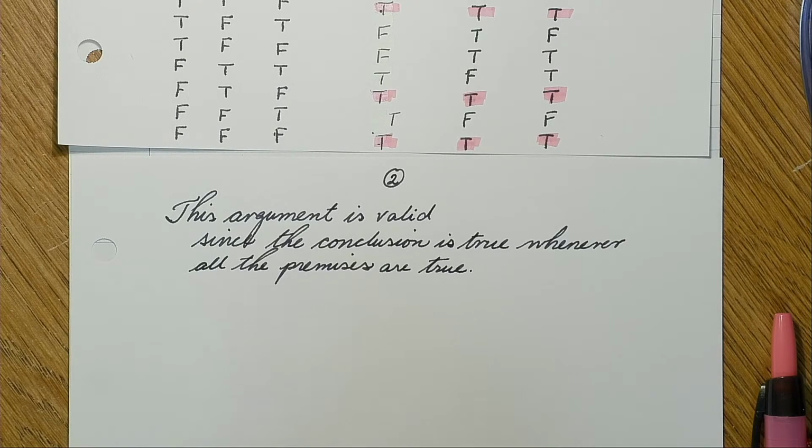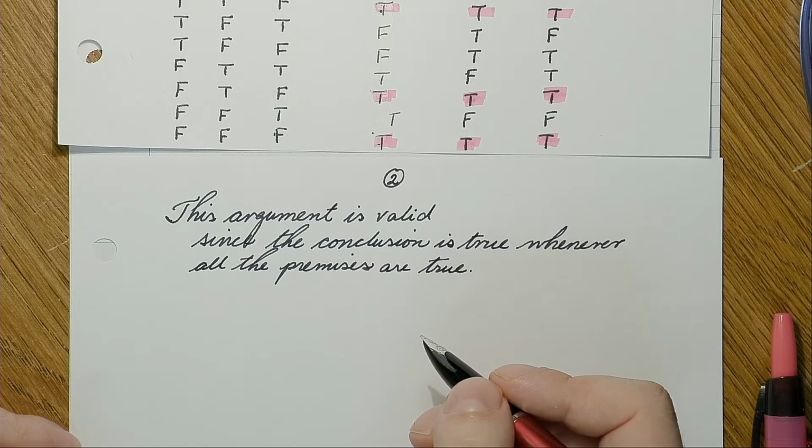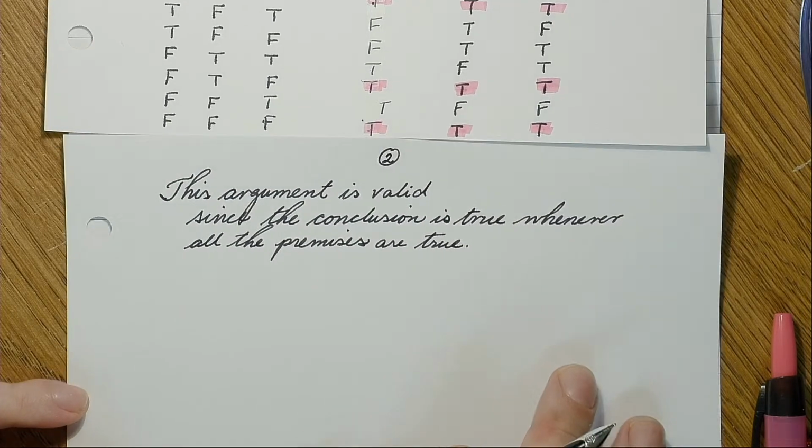So this is very important. Given that we have true premises, if we have a valid argument, it's going to give us a true conclusion. So that's another way of thinking about it.